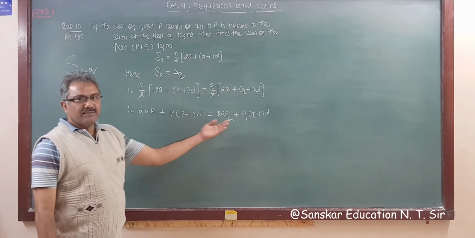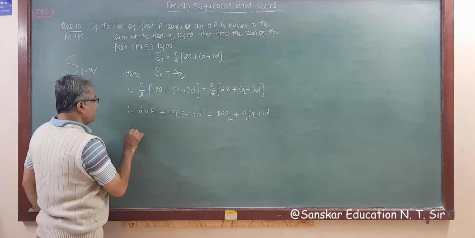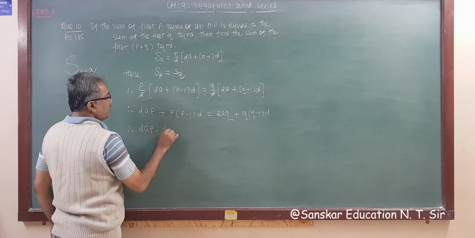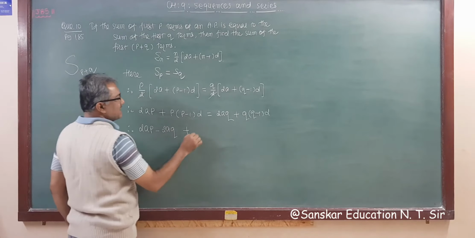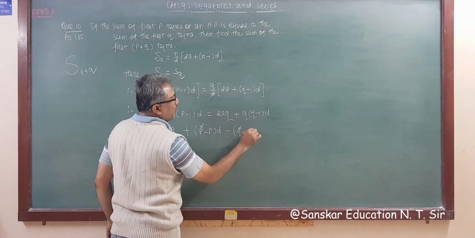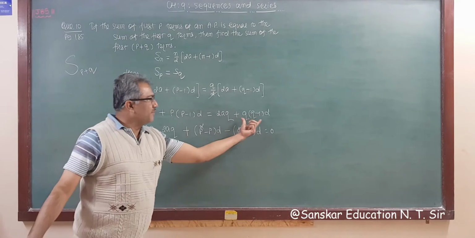Equating the terms means taking all terms to the left hand side. So I am writing twice ap minus twice aq plus p square minus p into d minus q square minus q into d is equal to 0, because this term becomes negative.